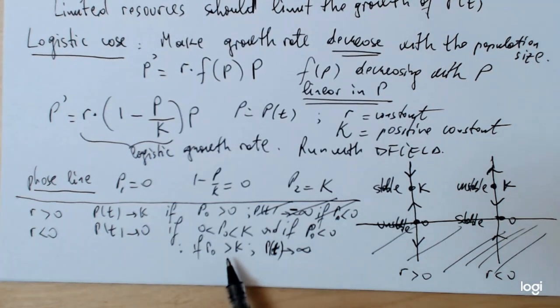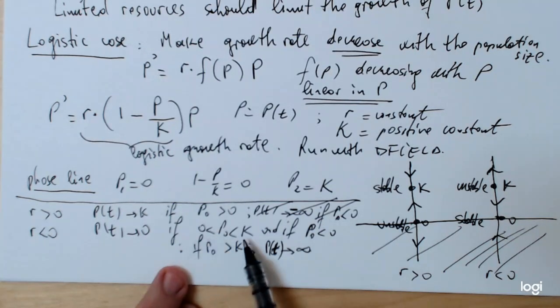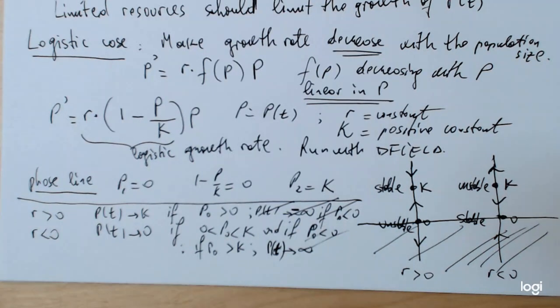That's why in the second case here, when R is less than 0, I put P naught between 0 and K, because this is the part that really matters, not the part when P naught is less than 0. Now, sometimes even the population above K is disregarded.